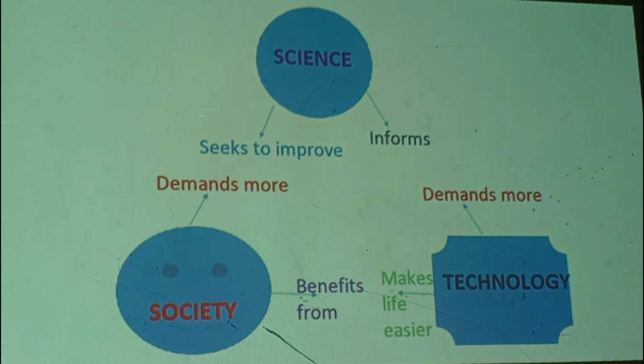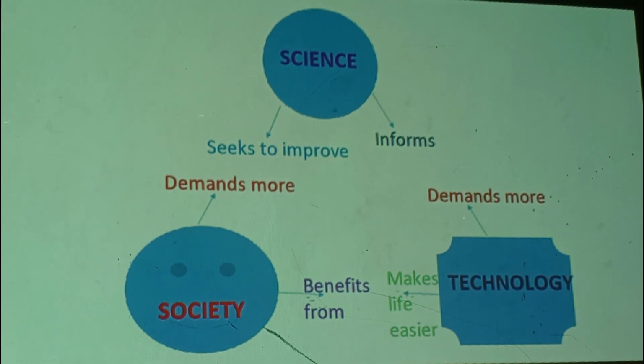Science informs. Scientific research informs knowledge, the knowledge that you are learning: knowledge in physics, chemistry, biology, atomic theory in chemistry, Newton's first, second, and third laws. In biology, you study cells, the basic units of life, how cells communicate with their environment and with each other.